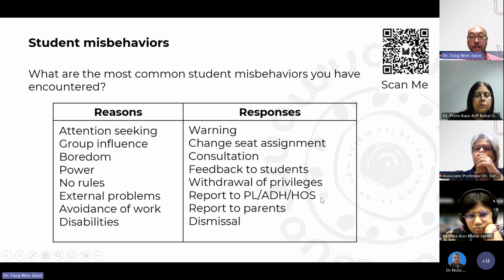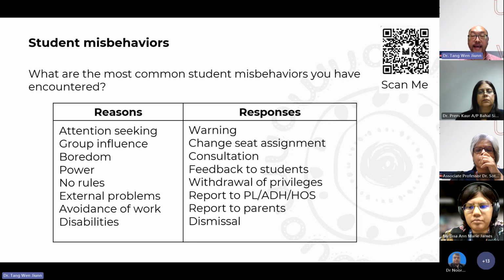Reports to PL, ADH, and HOS. I think every school has this procedure where if we face students with issues, we have to inform them so that everyone is aware, and we update them on what we have done and what the progress is.